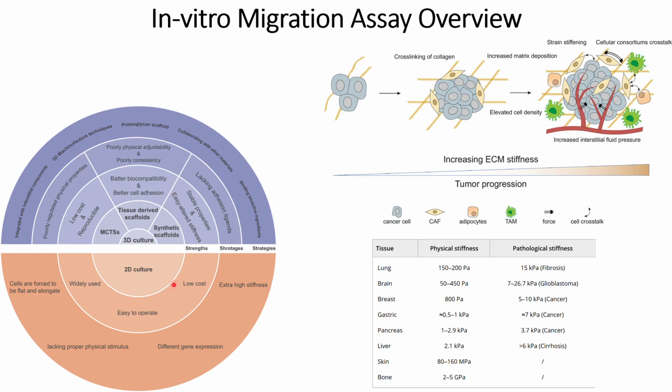In the case of 2D cultures, these are currently widely used migration assays. The advantage is that they are low cost and easy to operate, and since most people are used to 2D cultures, the results can easily be confirmed by comparing results from different labs.